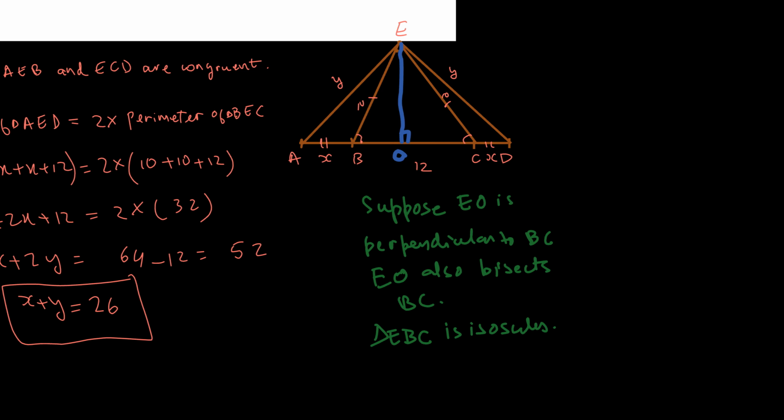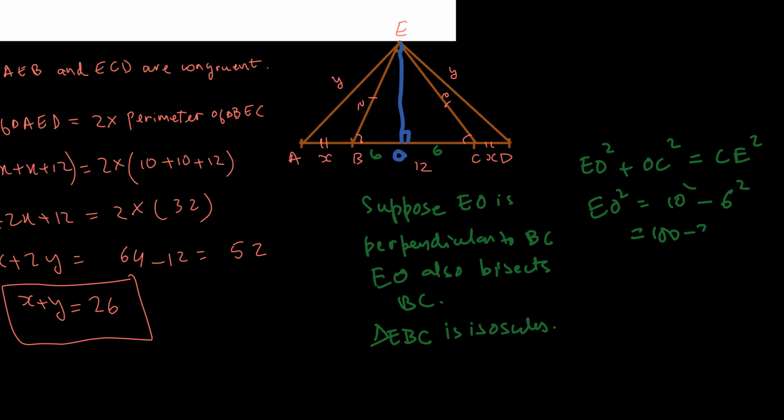We can say that EO squared plus OC squared is equal to CE squared. So EO squared is equal to CE squared minus OC squared. So that's 10 squared minus, if this is 12, this would be 6, perpendicular bisector, so minus 6 squared.